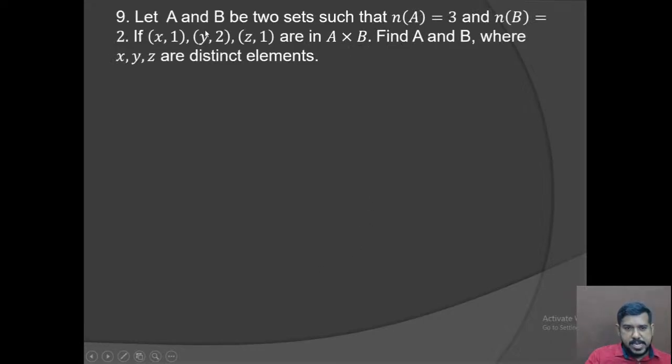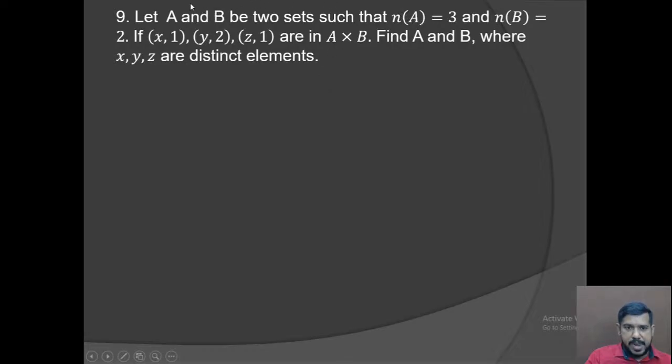Now let A and B be 2 sets such that n of A is equal to 3 and n of B is equal to 2. If x comma 1, y comma 2, z comma 1 are in A cross B, find A and B where x, y, z are distinct elements.